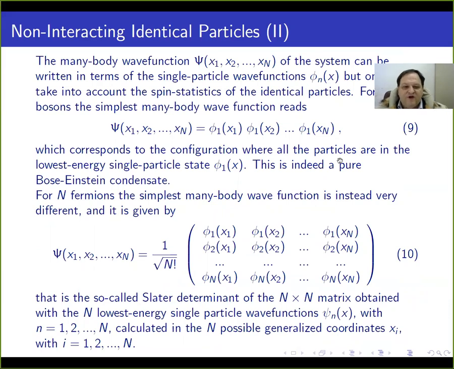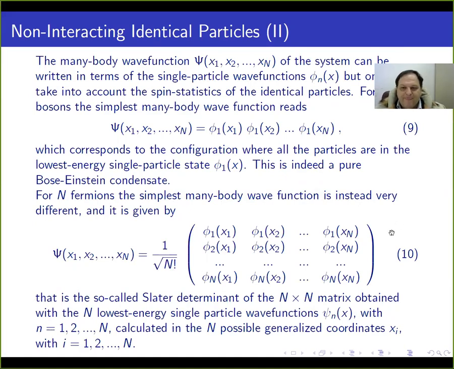In the case of fermions instead, the simplest many-body wave function is much more complicated. It's given by this expression here, where on the left of the equality you have the many-body wave function, and on the right you have 1 over the square root of N factorial. Remember that the capital N is the number of particles, in this case bosons, fermions.